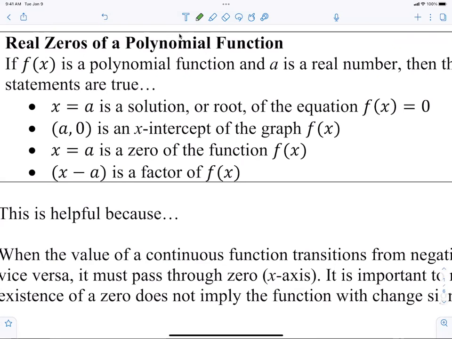X equal to A, which was also a solution to the equation 0 equals whatever the polynomial rule is, is also what we call the 0 of a function, because if you evaluate your function at whatever A is, it would make the function value 0. So we call it a 0. And then if x equals A is a 0, that means that x minus A would need to be a factor of the polynomial. Are we okay with that so far?